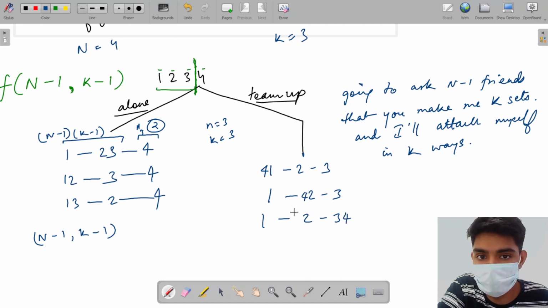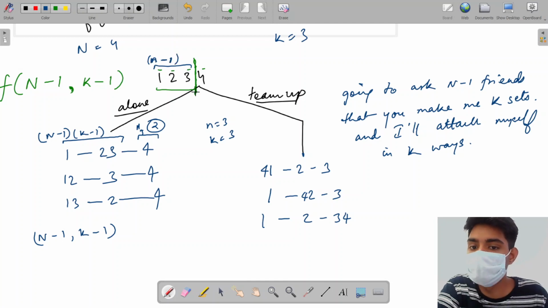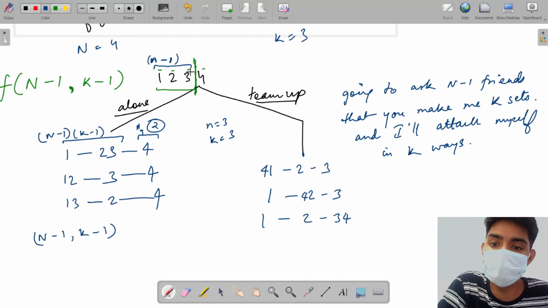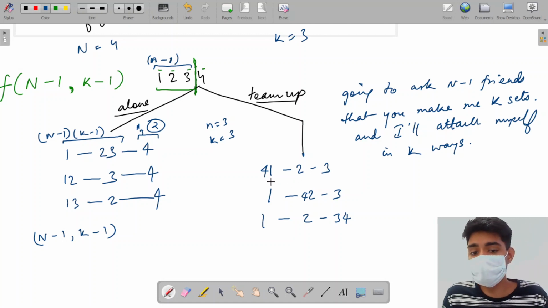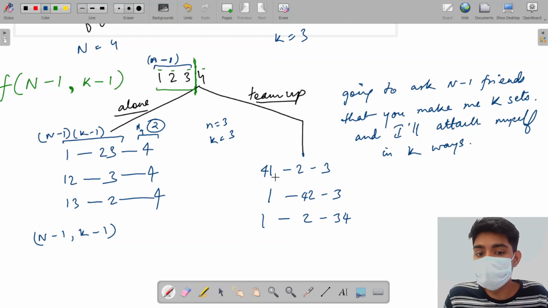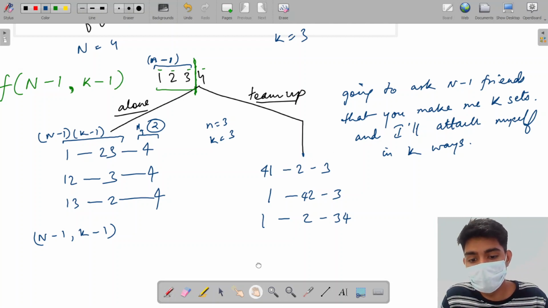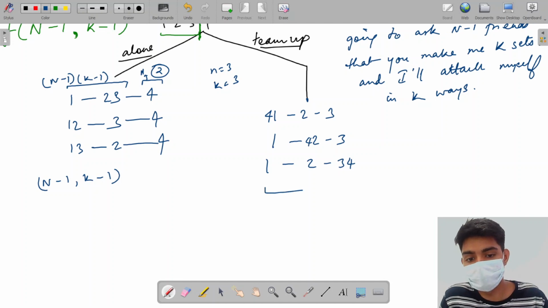What it is doing is asking all the n minus 1 numbers to give me k subsets, so I can attach myself to every single one of them, so I can get my total k subsets.